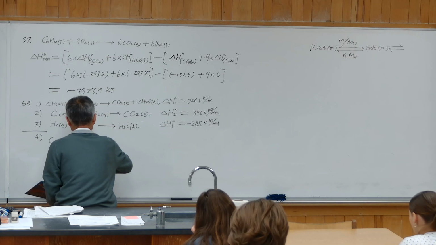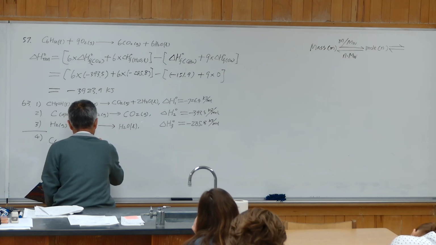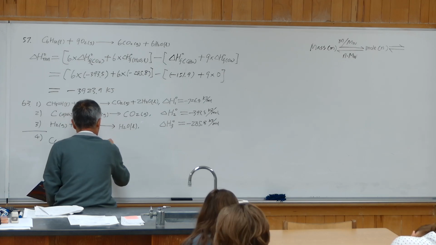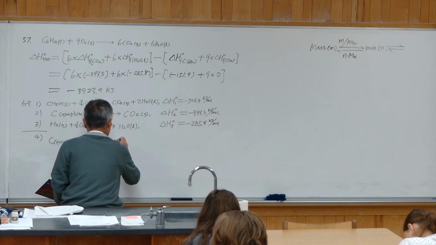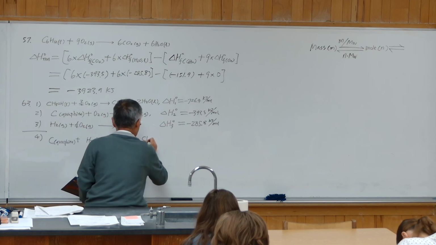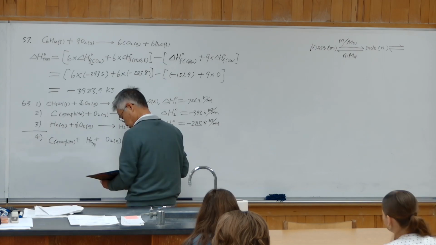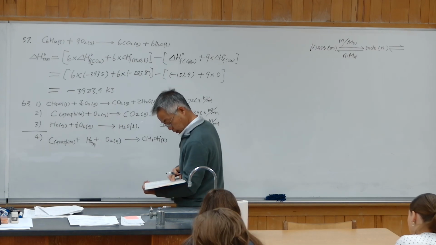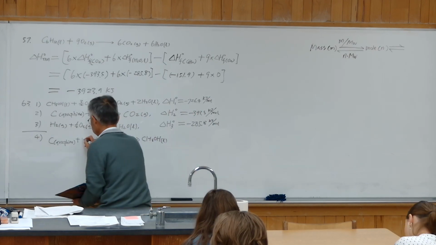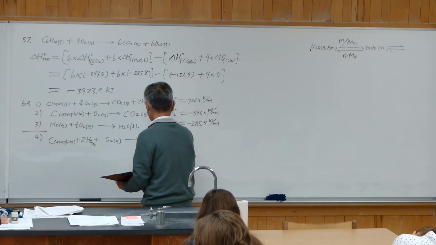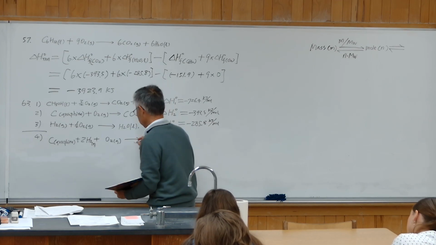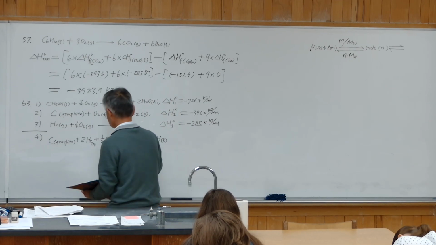The equation gives 2 hydrogen gas, 2 times 2 is 4, plus 3, 1, that's 4 hydrogens, and 1 oxygen, so this is one half of O2.